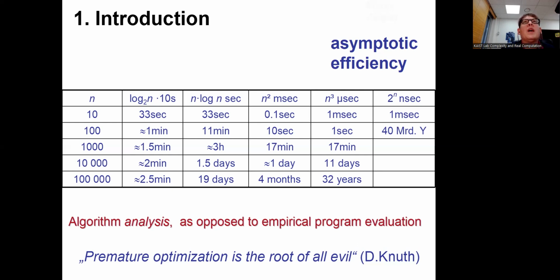So it's really hard, if not impossible, to compare two programs using empirical running times, whereas using asymptotic analysis, one obtains a universal measure of performance of algorithms that allows us to rigorously compare different algorithms in their asymptotic growth.